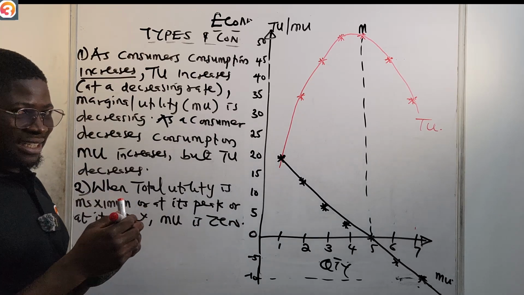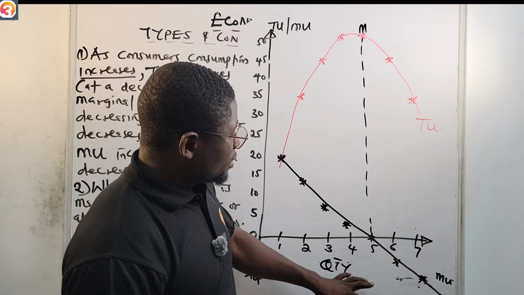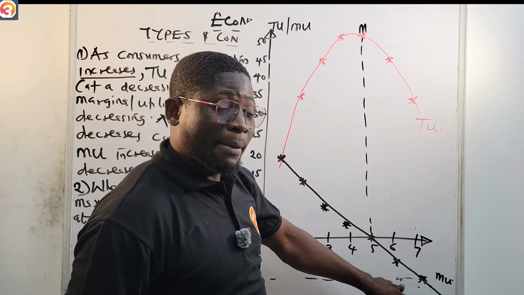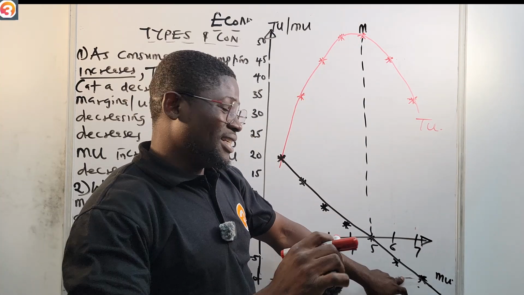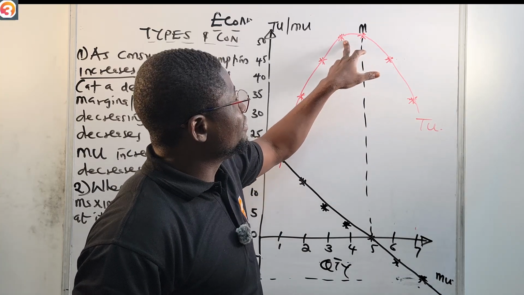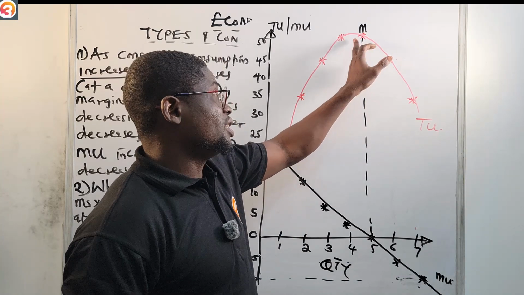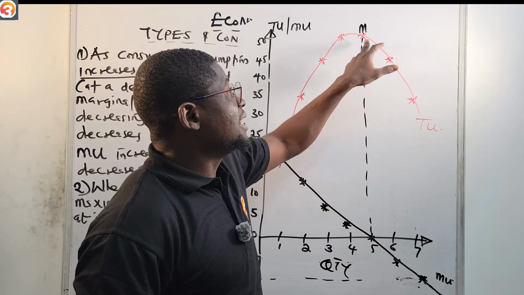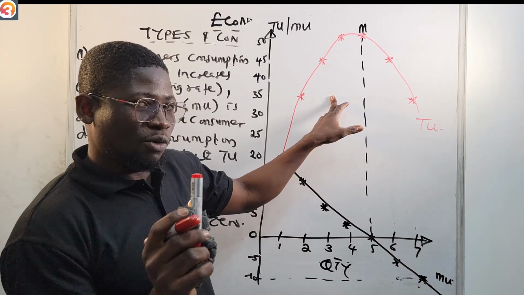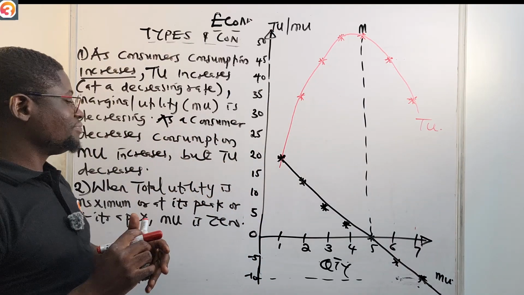Please take note of that. Or when total utility is constant, we can see yes 50, yes 50, it was constant at this point, marginal utility is completely zero. All right, take note of that.